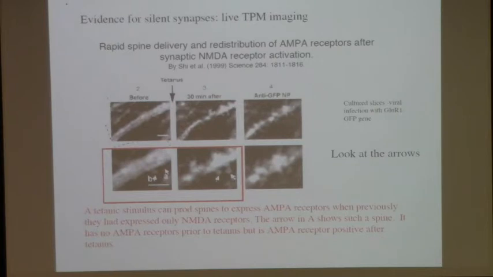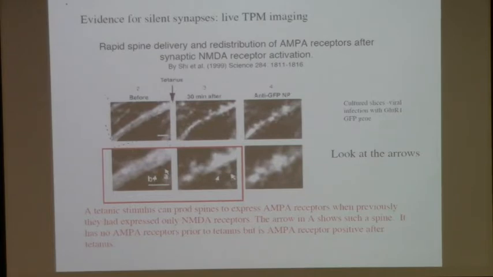This is the first demonstration that you can actually have a synapse without receptors, and then after LTP have AMPA receptors. What they have in here is culture cells, and they infected them with a virus that forced the cell to produce a lot of AMPA receptors with a tag, a GFP, a fluorescence.